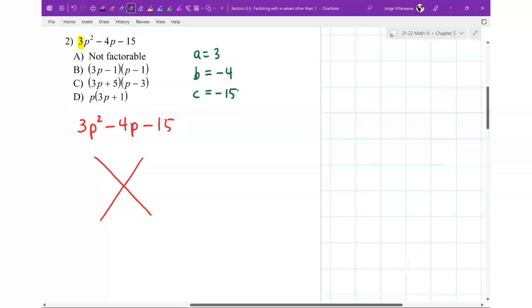Remember, usually I use the green whenever I'm just putting thoughts on the side, things that you don't need to do necessarily. It might be helpful, but you don't have to do it. So on the very top of that X, I'm supposed to multiply A times C. So A times C is a negative 45. Okay? On the bottom, I'm supposed to put a negative 4.